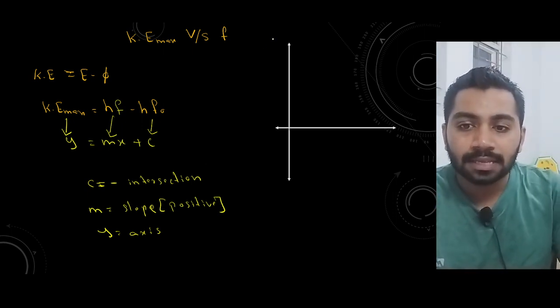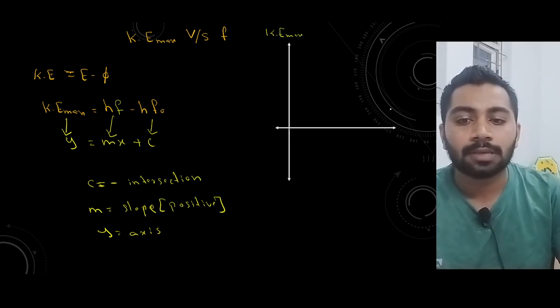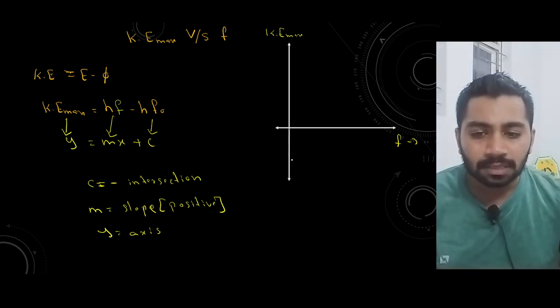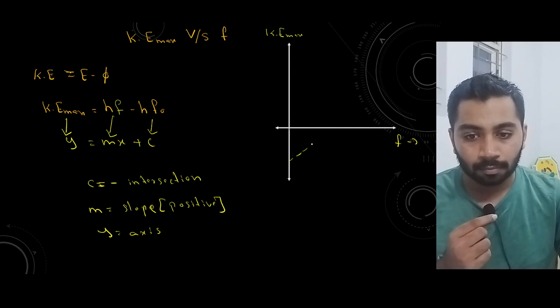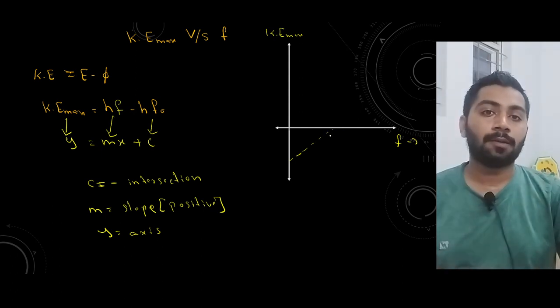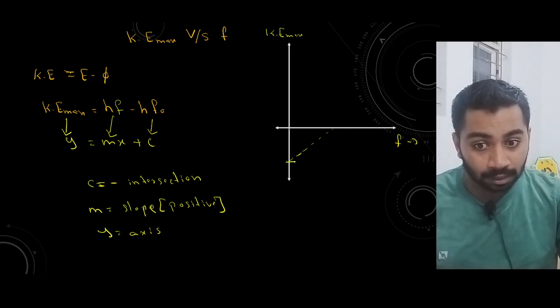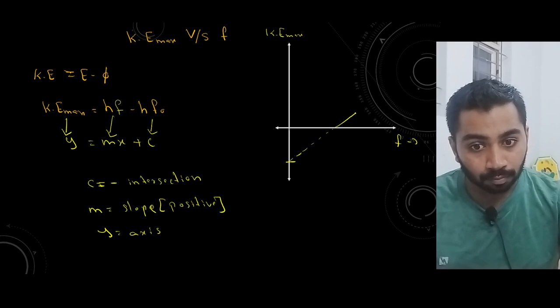Very simple. See here, your kinetic energy max on one side, and f on the other. Very simple graph. See, negative intersection on the y-axis. After that the slope is positive.